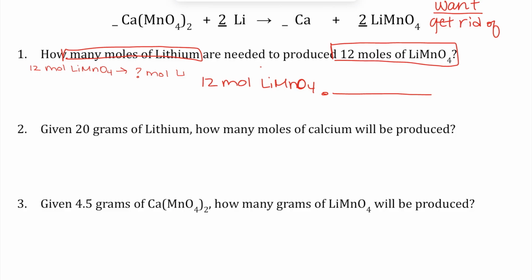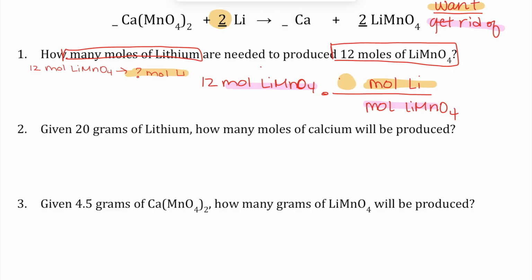So we have moles of LiMnO4. We want to get rid of moles of LiMnO4. My problem is asking me for moles of lithium, and so that's what's going to go on the top. Where do I get the values for that? Well, I'm going to get those from my balanced chemical reaction.